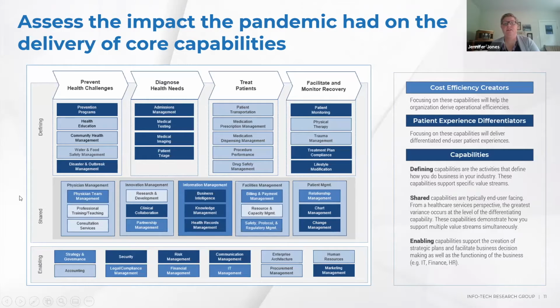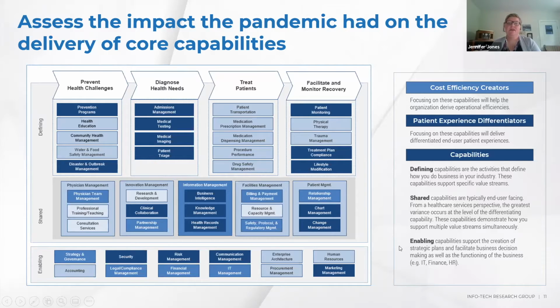So which capabilities are unique to your organization, and define how you provide this higher level value to your patients and providers. Which capabilities are shared so they can move across these higher level value streams and are end user facing, but have some differentiation in the way that they are perceived within an organization.